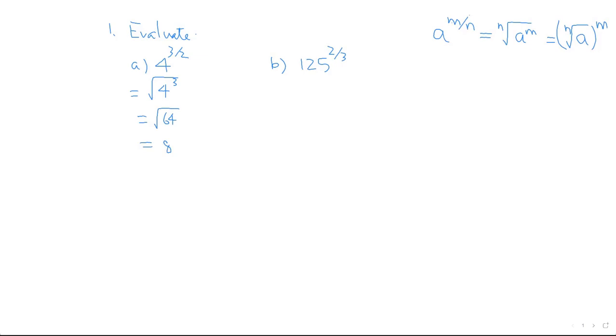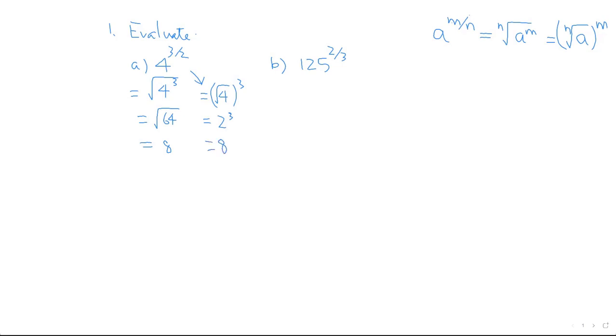You can also first take the second root of 4 and then raise to the third, if this one is defined, and you will get the same answer. The square root of 4 is 2, so 2 to the third is 8.